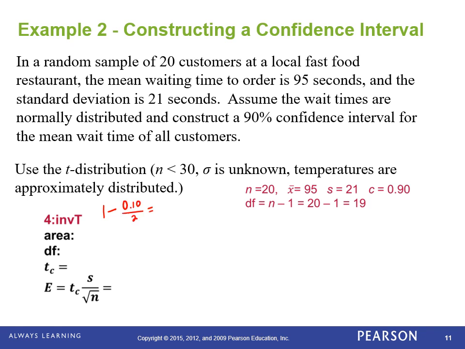If I divide that by 2, I get 0.05. That's what's on each side. So now if I take my 0.90 plus my 0.05, that sums up to 0.95. So that's the area that we're looking for.